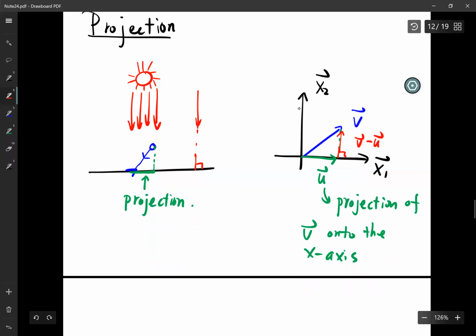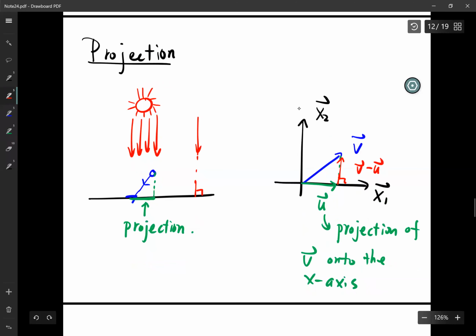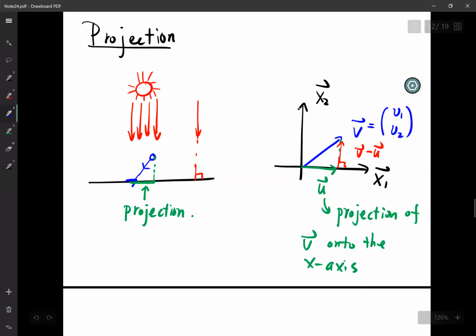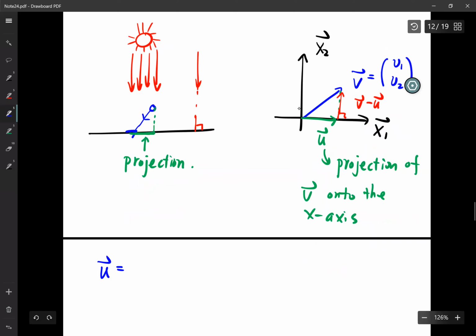Okay, so let's do some more explicit computation. It's really simple, right? More explicitly, let's say the vector is v1 and v2. I want to project this to the x1, and therefore I know that u is v1, the first component, times e1.